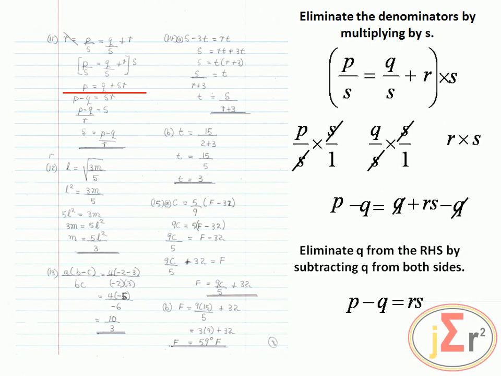As a matter of fact, they are in a multiplication relationship. Therefore, to eliminate that R, we will have to use the opposite of multiplication, which is division. Therefore, we will divide by R on that right hand side. But we have to do the same on the left to keep the equation balanced.